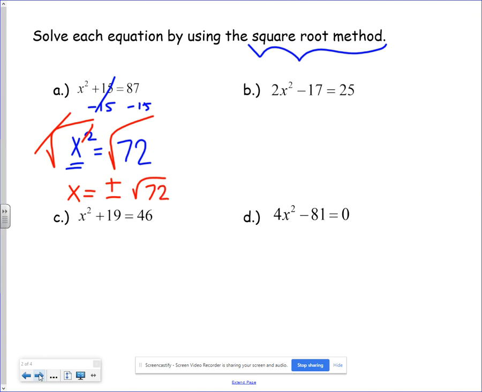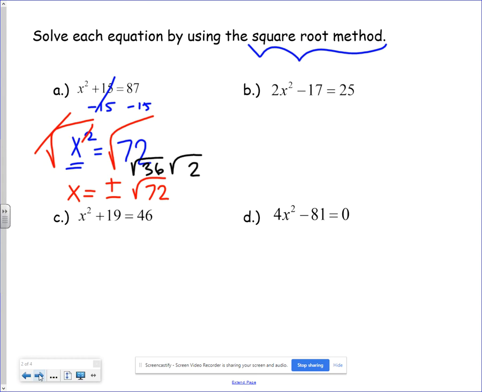That's my answer. But just like we did on the first slide, you want to make sure your square root is simplified. 72 is not a perfect square. So I've got to find the largest perfect square that divides into 72. And that's 36. 36 goes into it twice.